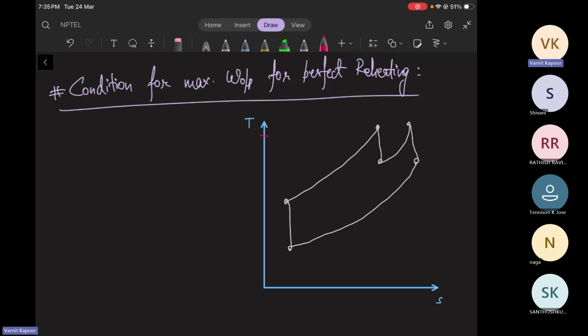And I mean to say that T3 is equal to T5, and this is nothing but equal to T maximum.